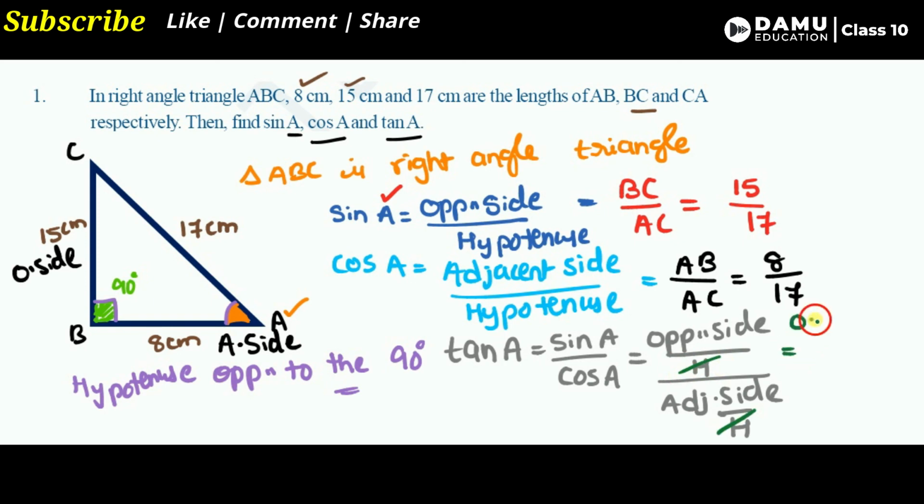Then it is opposite side by adjacent side. The opposite side to angle A is BC and the adjacent side is AB. So the value is opposite side BC, which is 15, by adjacent side, 8 centimeter. Like this we have to find the values which they are asking.